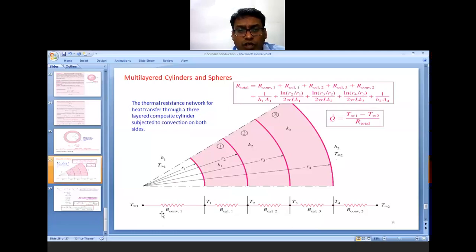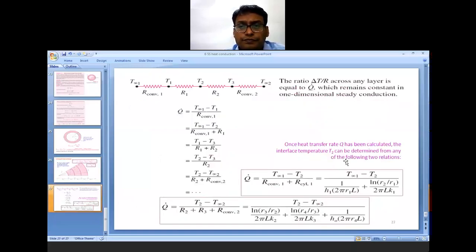So there will be 5 resistances. One is for the inner resistance, second is for the second layer, third layer, and fourth layer of the cylinder or the sphere, and finally the convective heat transfer coefficient.